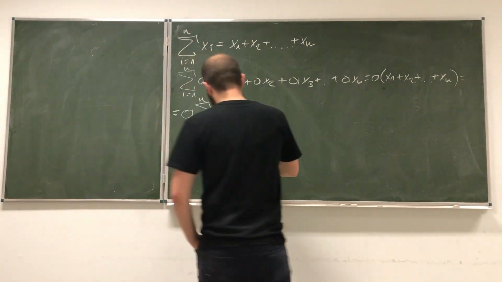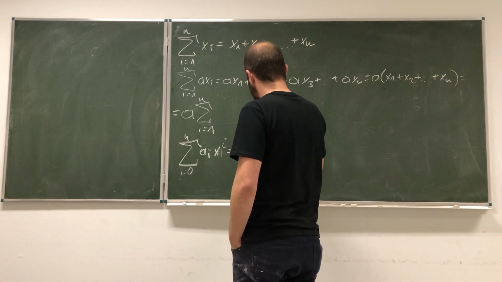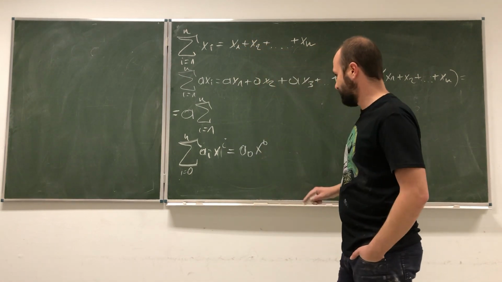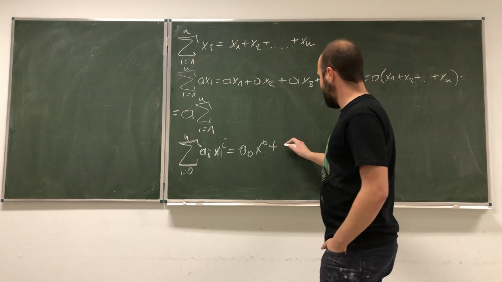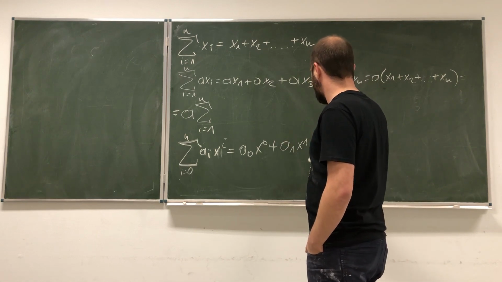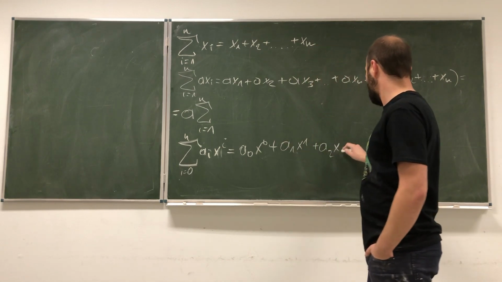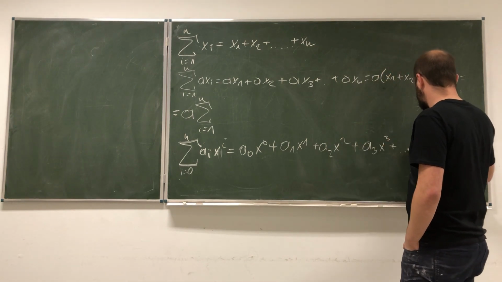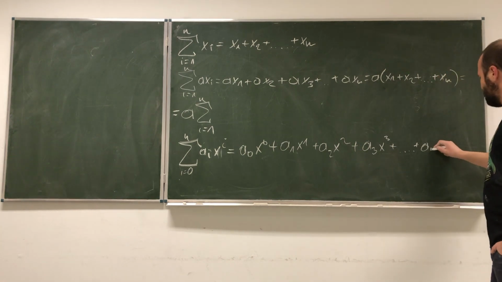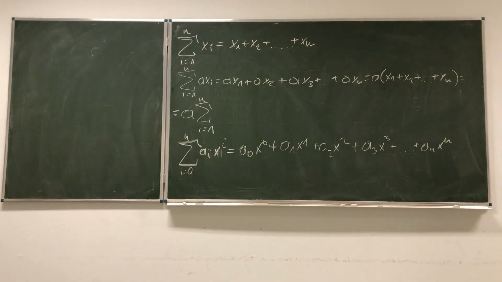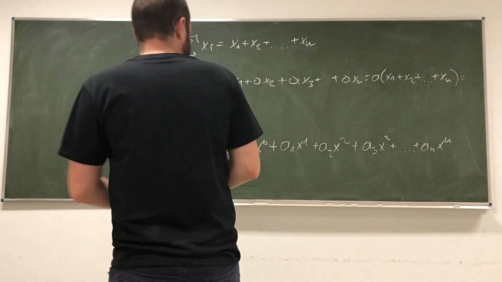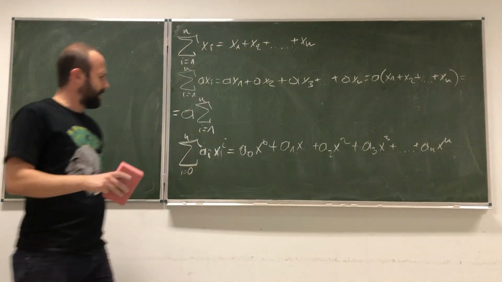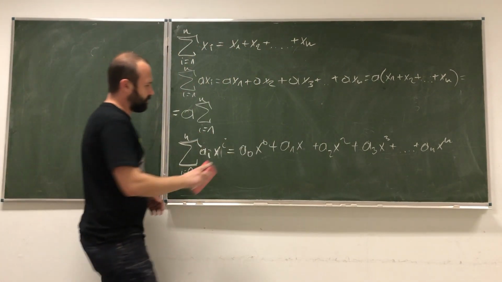We will have that this is a0 times x to the power of 0, or simply a0, plus a1 x to the power of 1, plus a2 x to the power of 2, plus a3 x to the power of 3, plus until an x to the power of n. Wait. Haven't we seen this somewhere? No. Well, I can simplify this one, right? Because x to the power of 1 is x, and x to the power of 0 is 1.